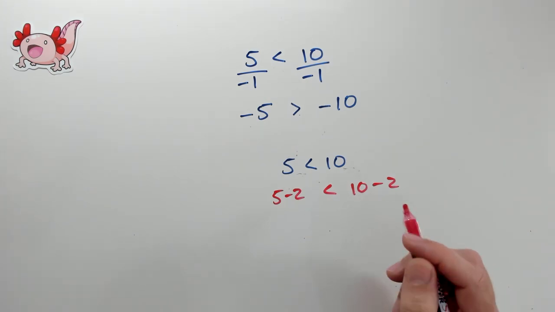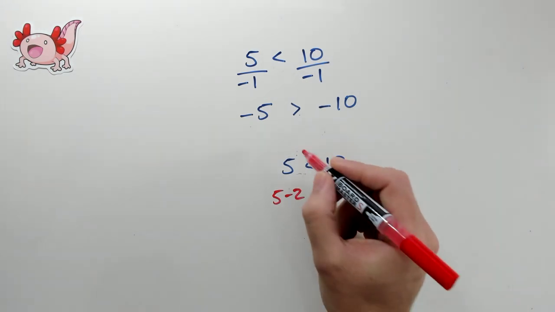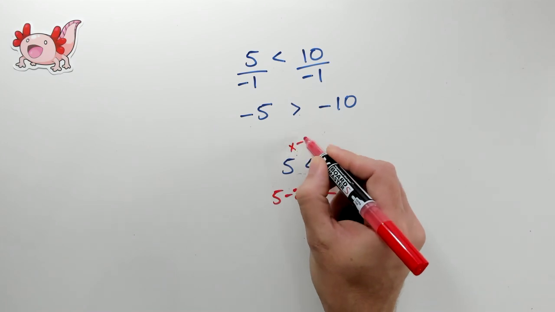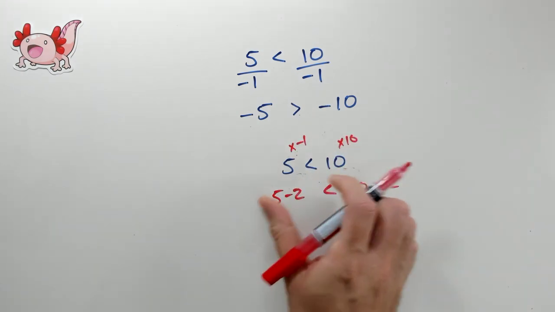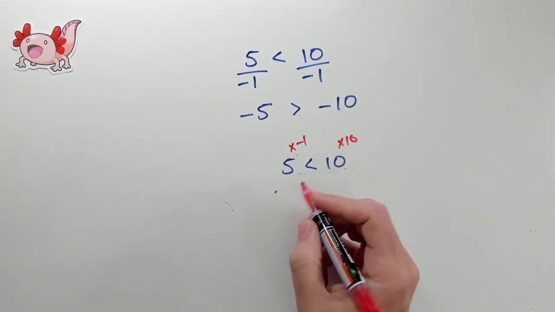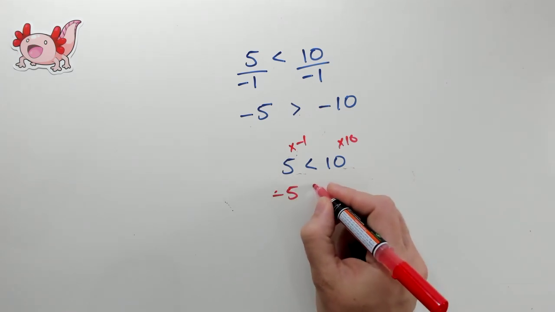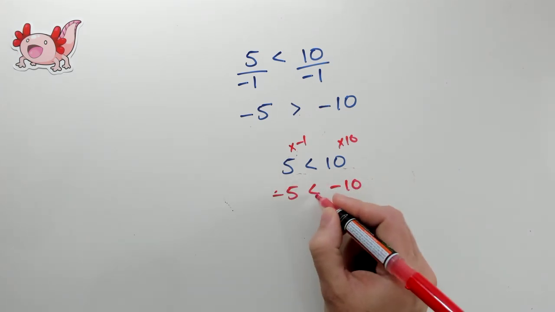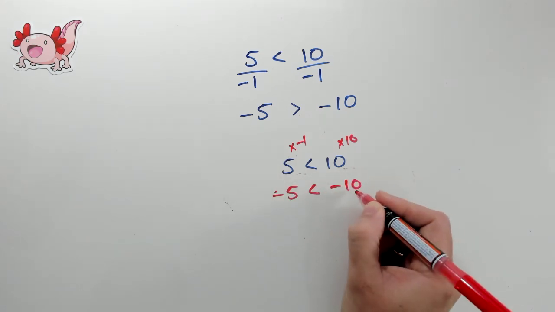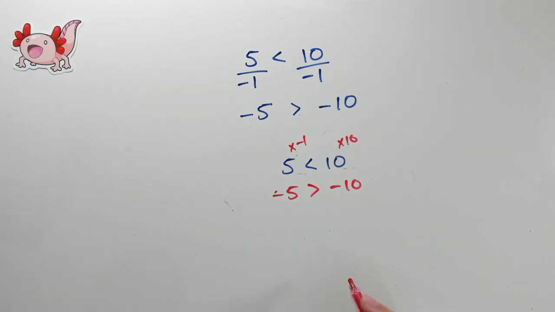But the problem arises whenever I change the sign, because if I multiply or divide by a negative number, then -5 is not smaller than -10. So then I have to change the sign.